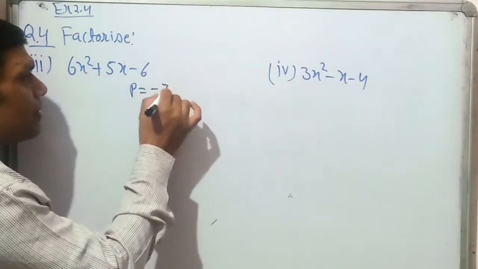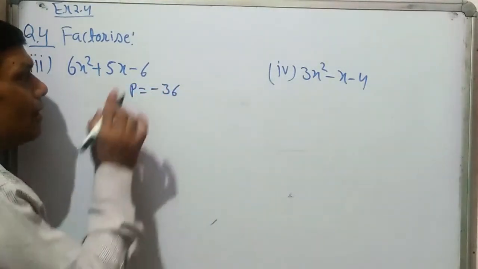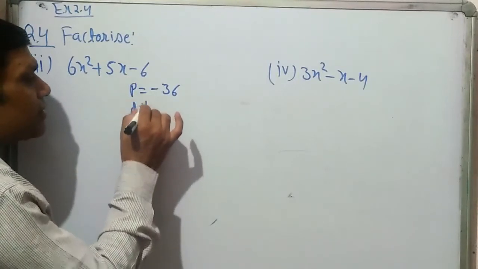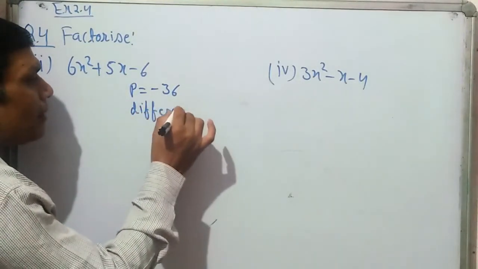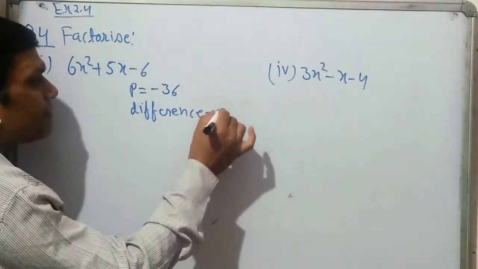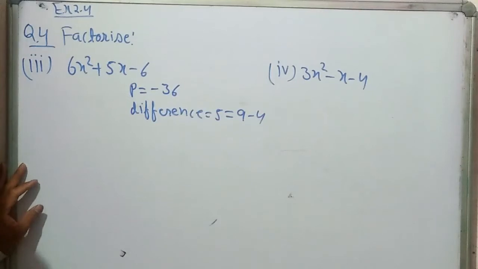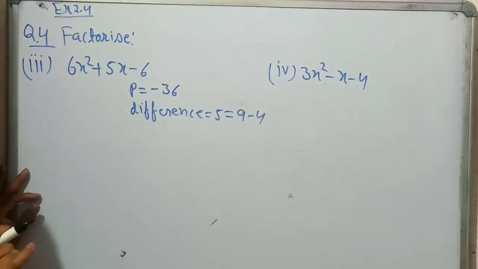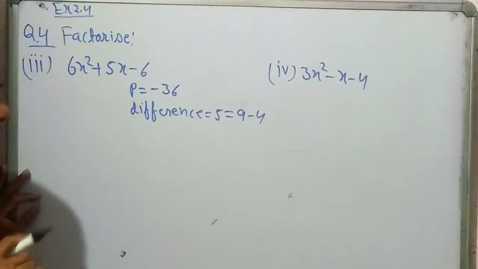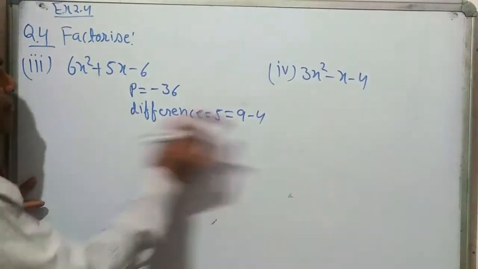Product is negative 36. What is the difference in this case? Difference is 5. We put it as 9 minus 4. 9 into 4 is 36. 9 into minus 4 is minus 36. 9 minus 4 is 5. So we put 5 as 9 minus 4.